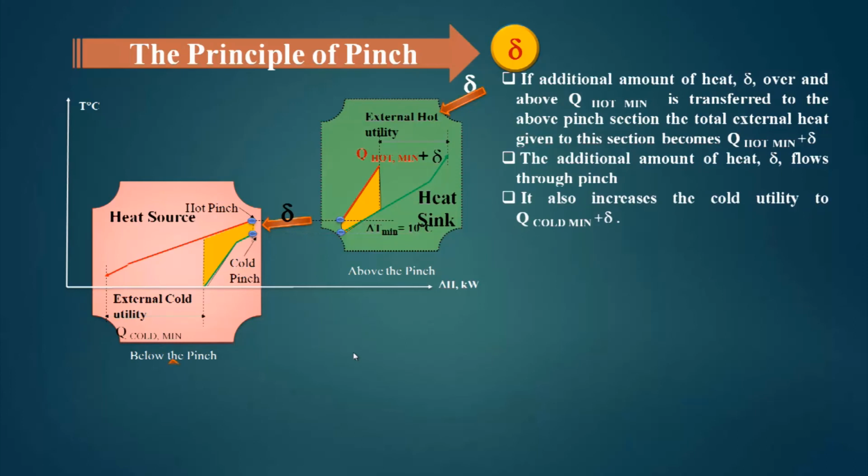The cold utility amount will now become Q_C,min plus delta. So in this balanced pinch, if I am adding extra heat, it goes through the whole process and ends up increasing the cold utility amount.